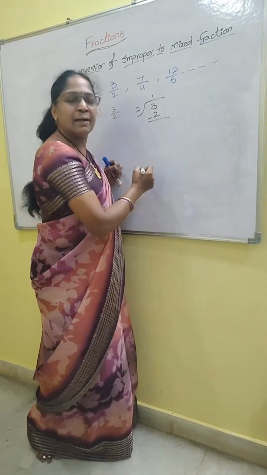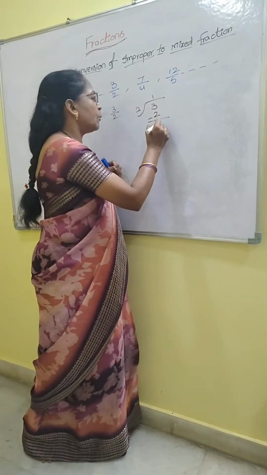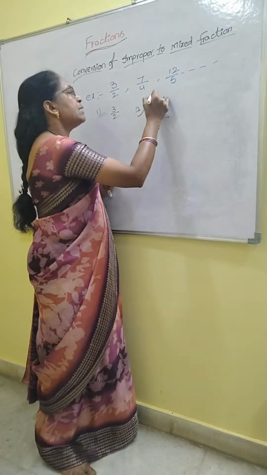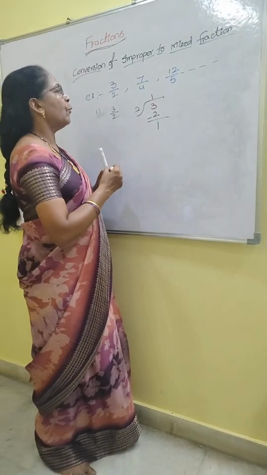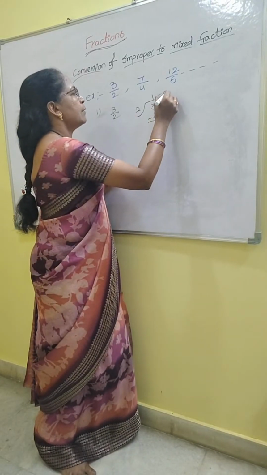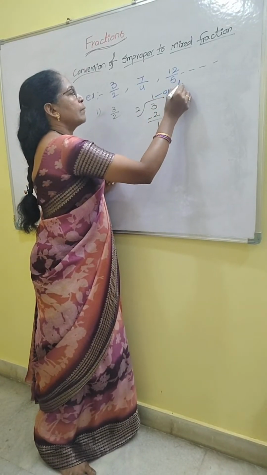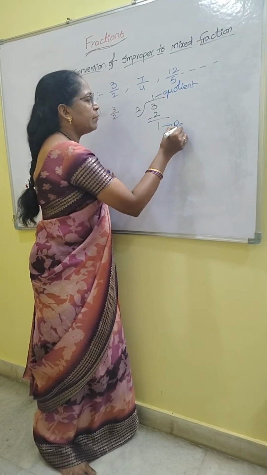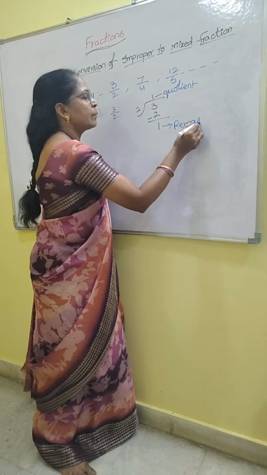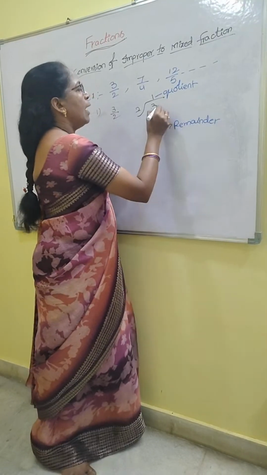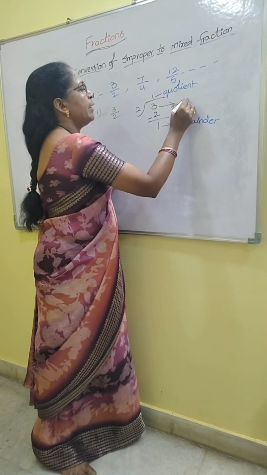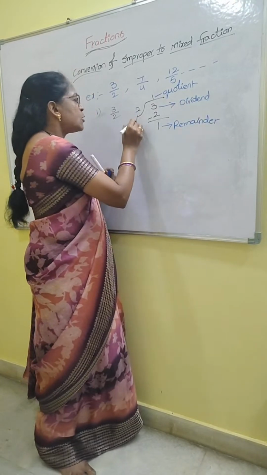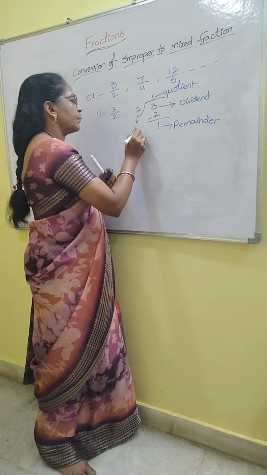Now subtract the numbers. 3 minus 2 equals 1. Now write this down in the division. 1 is the quotient. This one is the remainder value. This is the dividend, and this 2 is the divisor.